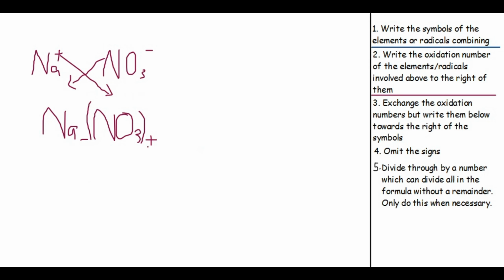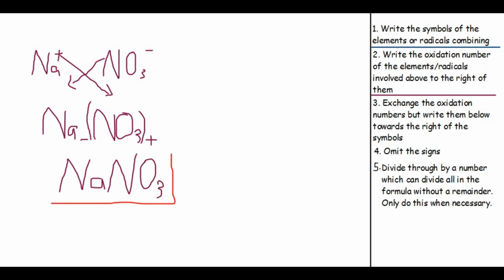The positive sign is affecting everything in the brackets, but since the number attached to it is 1, 1 multiplied by everything in the brackets will still give you the same thing. So when we are omitting the signs, we are going to remove the brackets. So we'll have NaNO3 as the chemical formula for this compound.